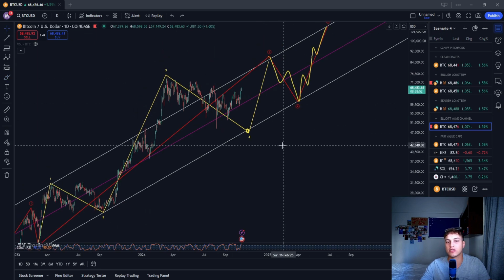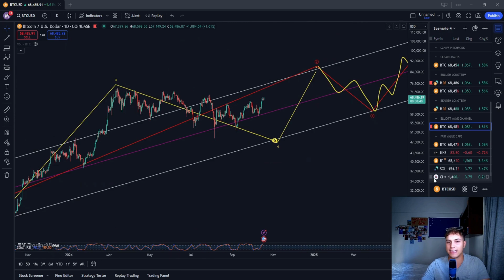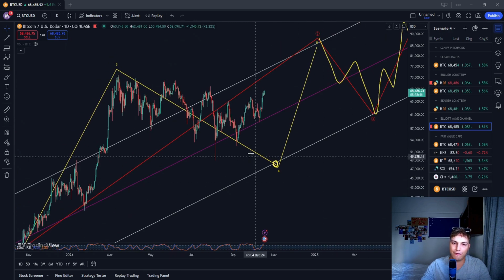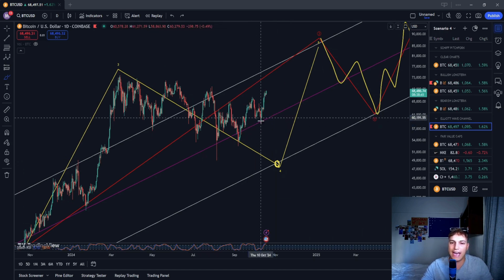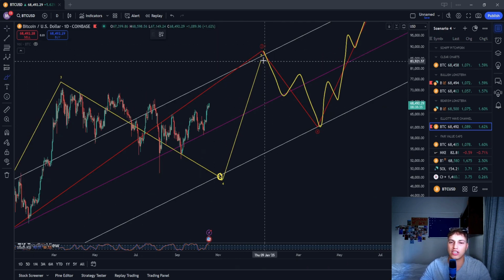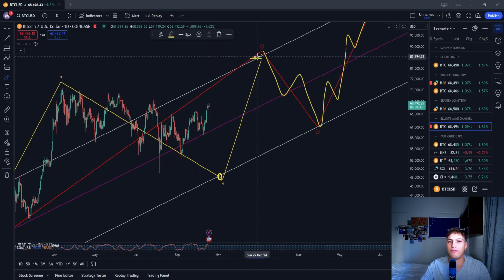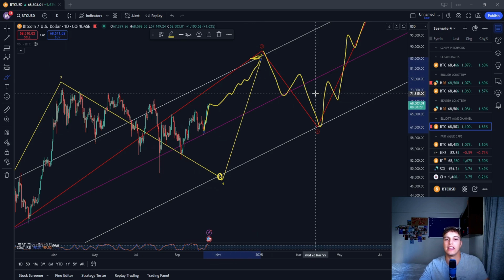We were looking for something to touch the bottom side, but possibly the middle line has acted as support enough, as we can see here, finding perfect support on the middle line at this point here. So that indeed could be targeting that 3rd wave up, touching this here at $85,000 if we do indeed go something along the lines of that over the next few weeks.